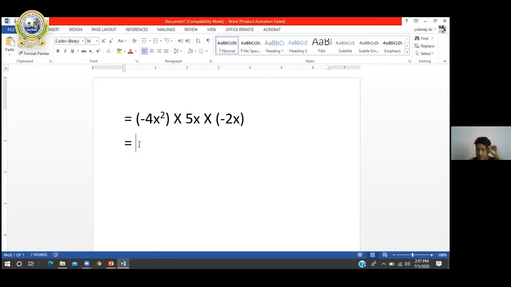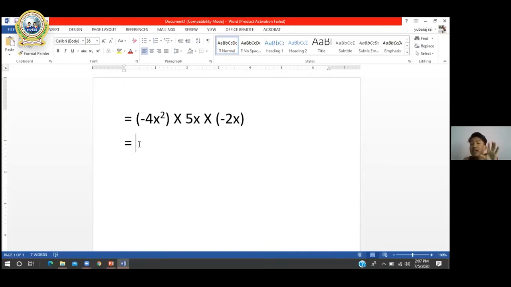First multiply the sign, then multiply the coefficients, and then we add the powers of the same bases. So here, as we see, there are 3 terms: minus 4x square, 5x, and minus 2x.